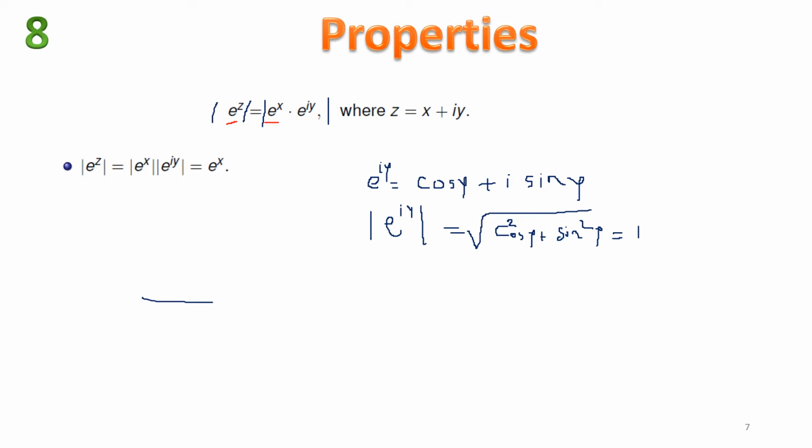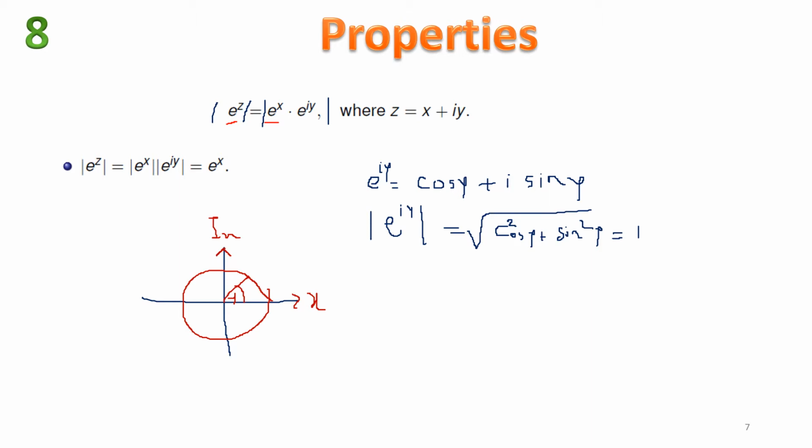So when you try to chart this in the complex plane, then e to the iy will lie somewhere on the circle of radius 1, and that makes an angle y with the real axis. This is the angle y, which is made with the real axis, denoted by x, and this is the imaginary axis, which in general we talk about in terms of y, but this time our angle is y.